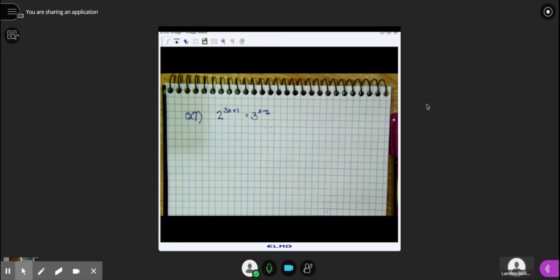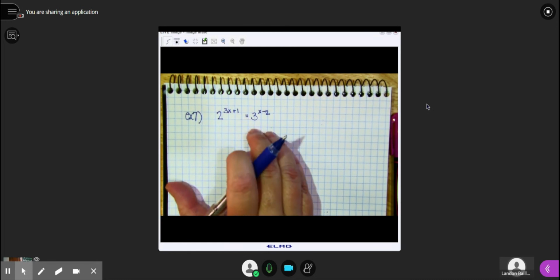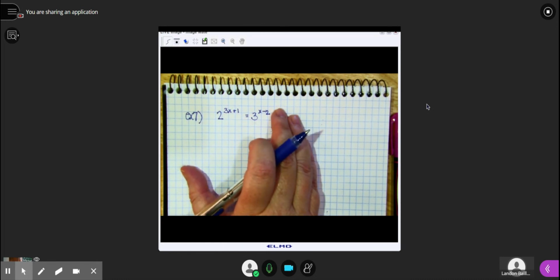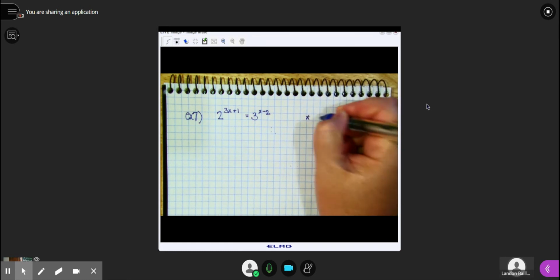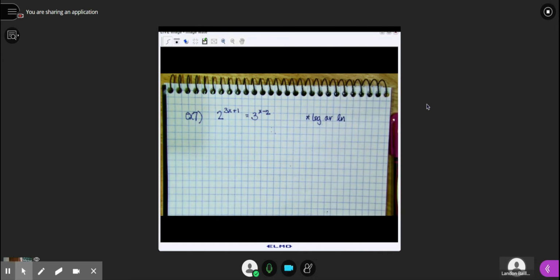Now, we have one term on the left side to an exponent. We have one term on the right side to an exponent. So we can go straight to using the log or the ln. And again, it's whichever one you prefer.